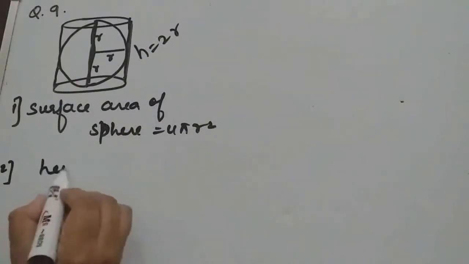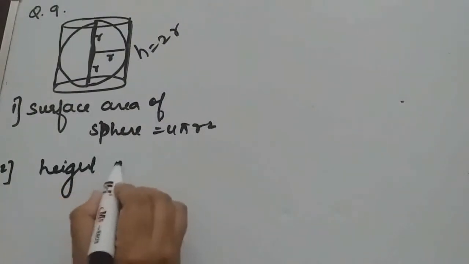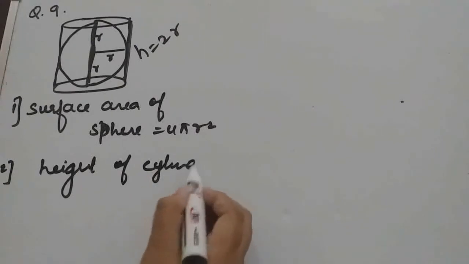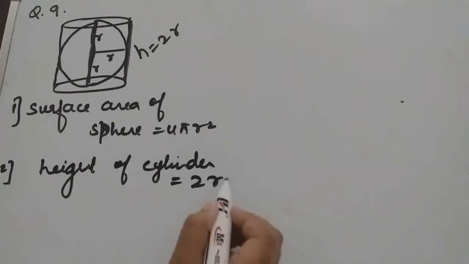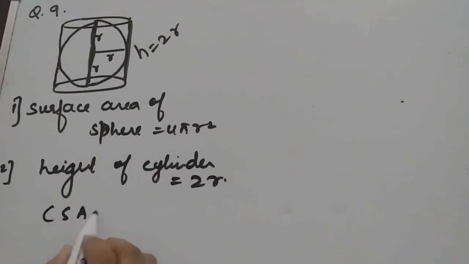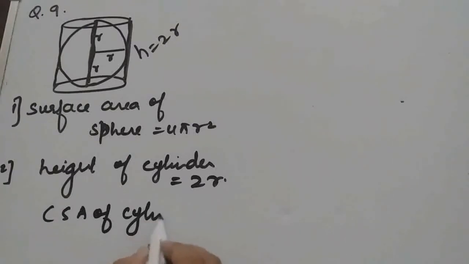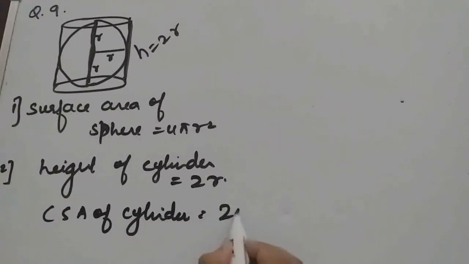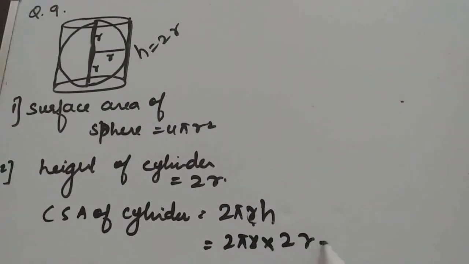So the height of the cylinder is 2r. So the CSA of the cylinder will be 2 pi radius and h, isn't it? But h is now 2r, so we will get 4 pi r square.